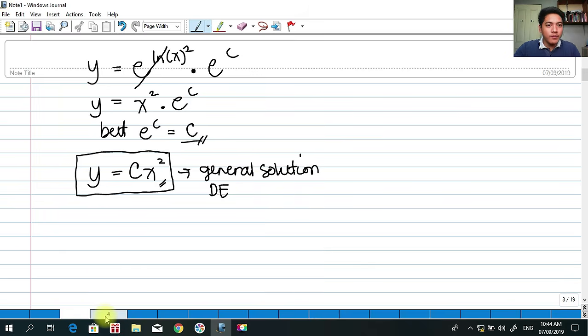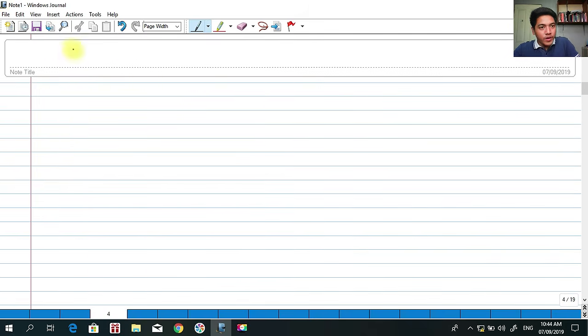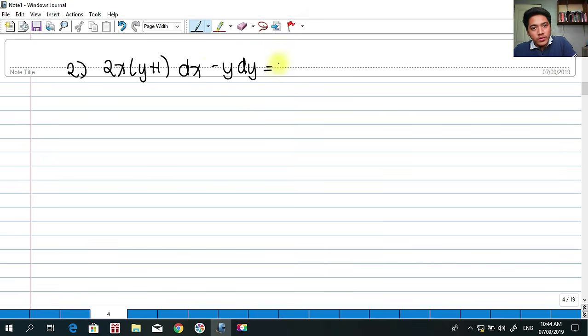For our next example, number 2, we have 2x(y + 1) dx - y dy = 0, at a given condition x = 1 and y = 0.